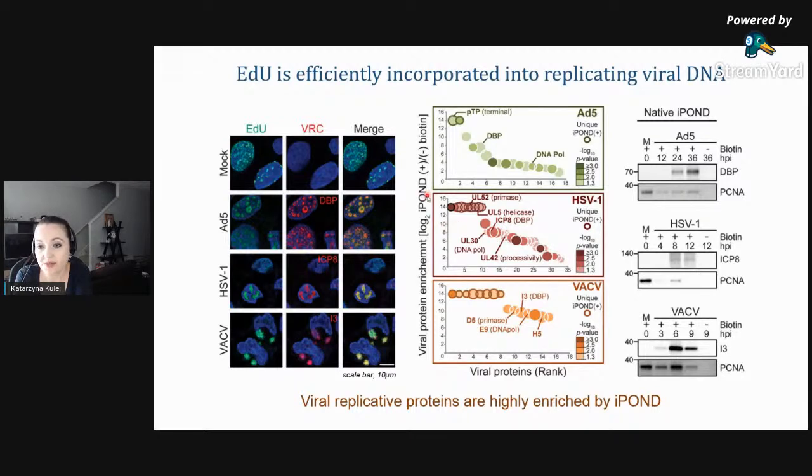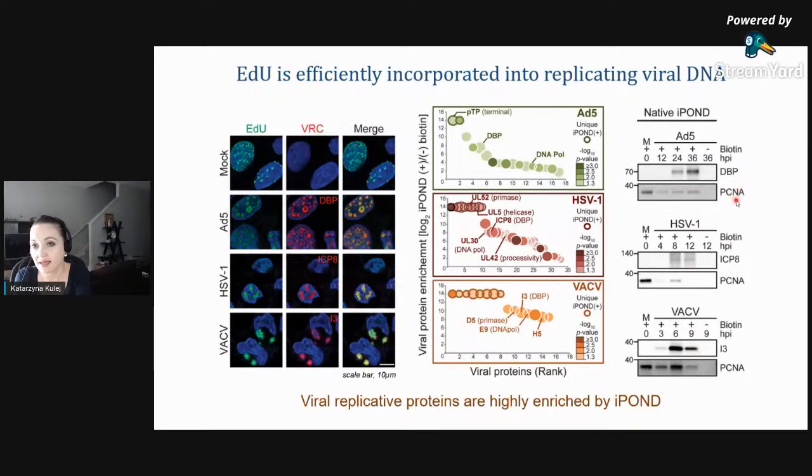And indeed, by looking at the fold change between our samples with biotin and without biotin, which is our negative control for non-specific binding, we can see very high fold enrichment of these proteins. As a last step, we did, of course, Western blot validation. And indeed, over the time course of infection, after performing an iPOND IP, we saw the increase of our marker viral DNA binding proteins for adenovirus, HSV, and vaccinia.